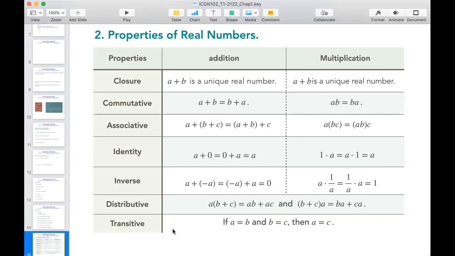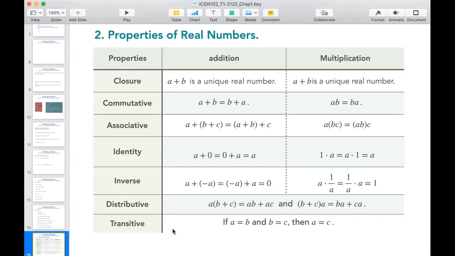Okay. For example, if I say that x equals y, and then y equals z, the transitive property here says that x equals z, right? If x equals 2, z will be equal to 2 as well, because x equals z.